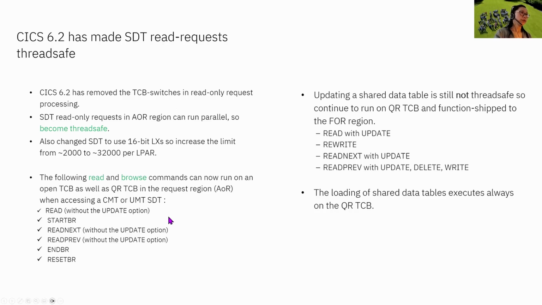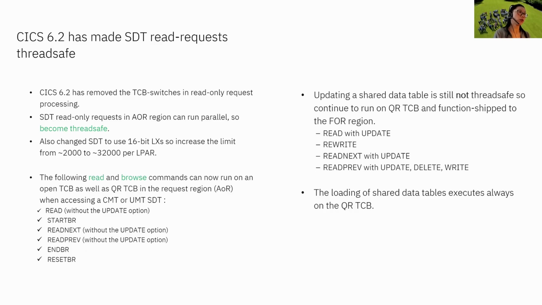So the list of read and browse commands which can benefit from this CICS 6.2 enhancement are listed here. They are the read or start browse, read next without the update option, etc. There is also an underlying enhancement which you probably won't notice much, but will benefit a large environment.